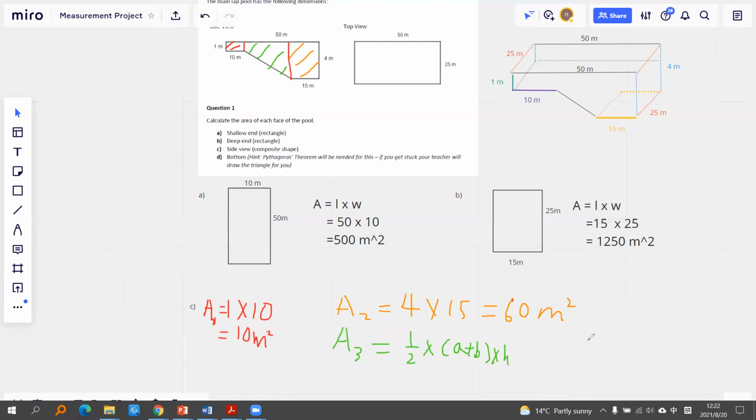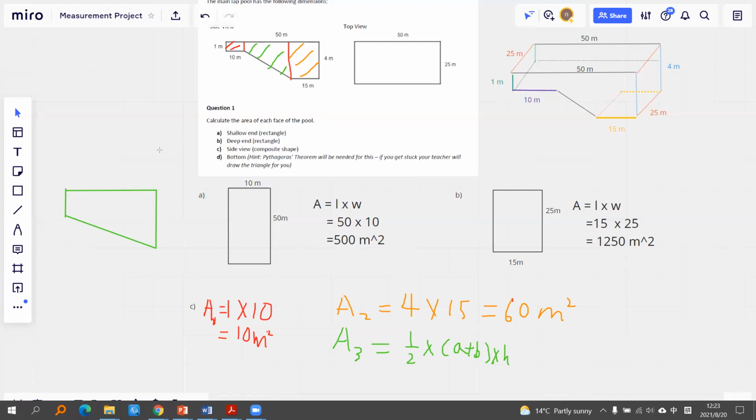I just quickly draw the trapezium here. So that's a trapezium.